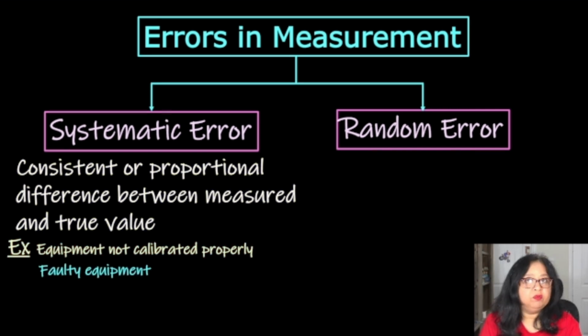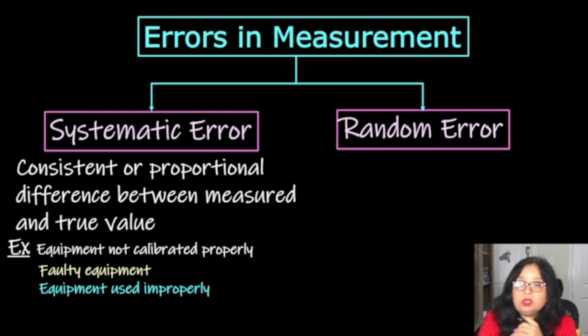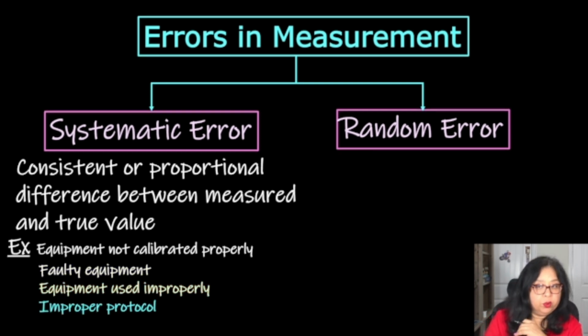Maybe your equipment is faulty. It could be manufactured faulty, or maybe with prolonged use, or it's old. It can start giving wrong results, but the results will always be offset from the true value by a consistent amount. Or maybe you're using equipment improperly, or improper protocol, or wrong math.